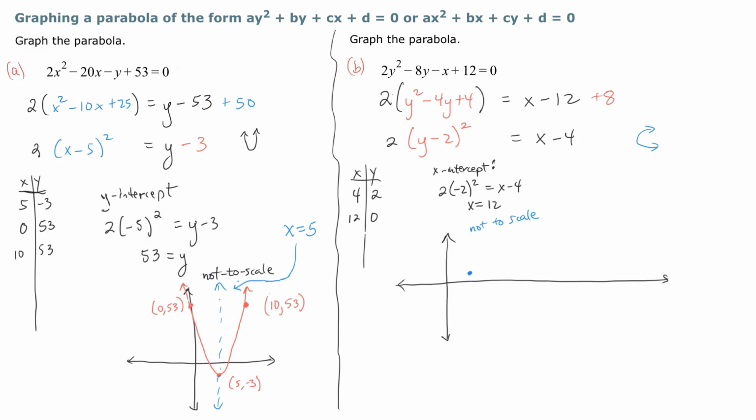The x-intercept is (12, 0). And so we have an axis of symmetry. This time the axis of symmetry is a horizontal line, so y equals 2.